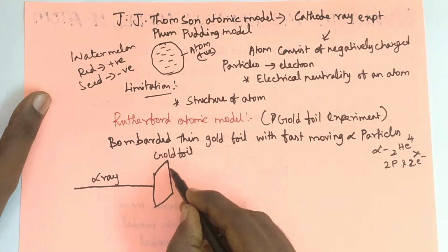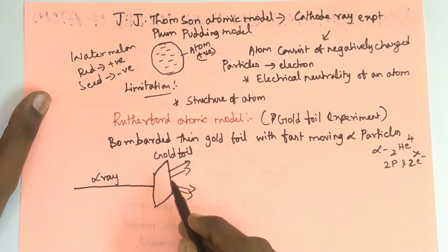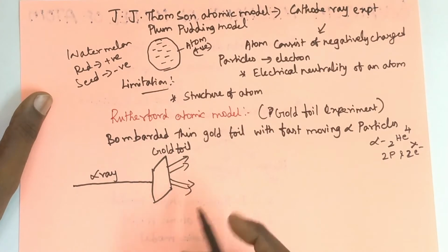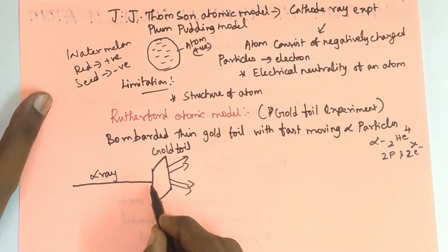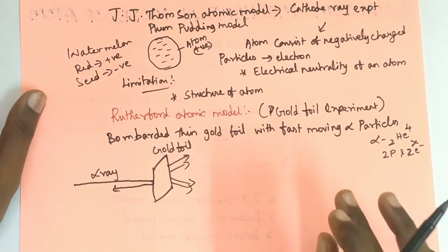First, most of the alpha particles pass through the foil. Second, some alpha particles are slightly deflected.